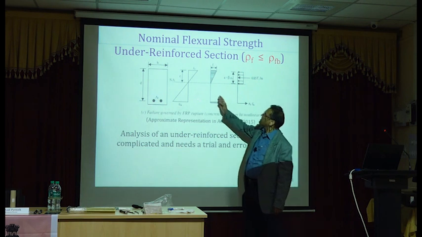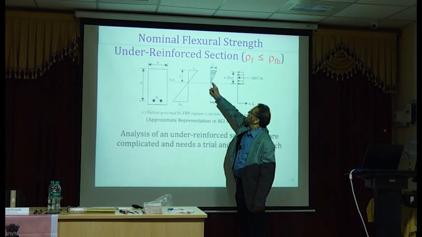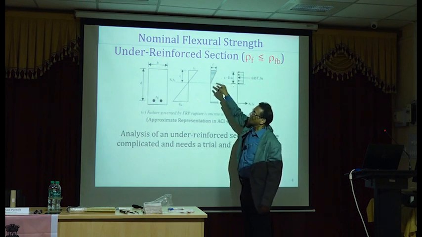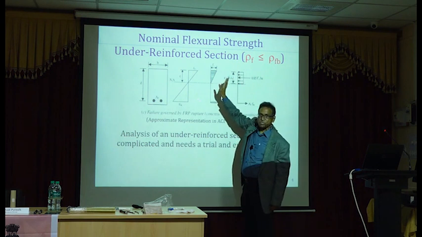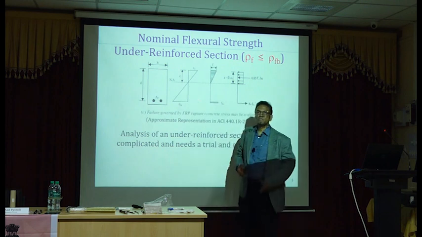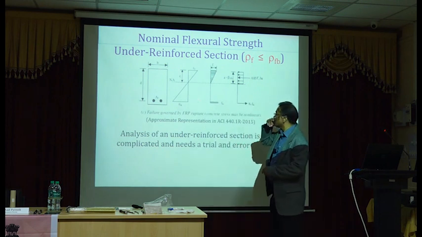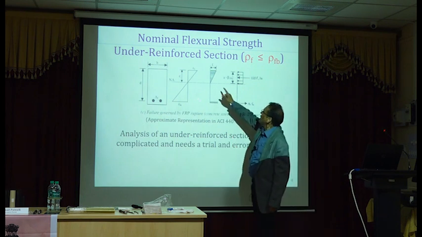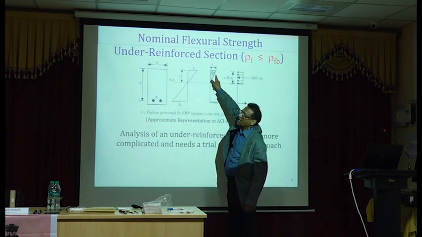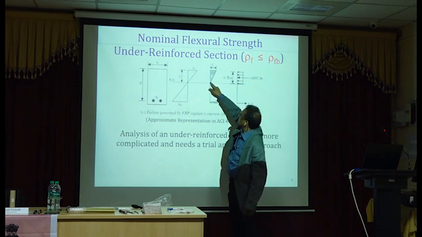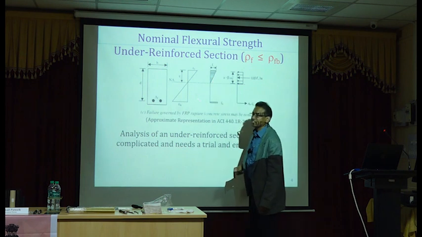So the corresponding stress can be triangular in shape, parabolic, parabola plus rectangle, or it can be a perfect parabola. Anything you want to assume is possible, except that it should match with the maximum value of strain in concrete. So if the concrete strain is very small, then it's highly unlikely you will get a perfect parabolic stress strain diagram or perfect stress block.